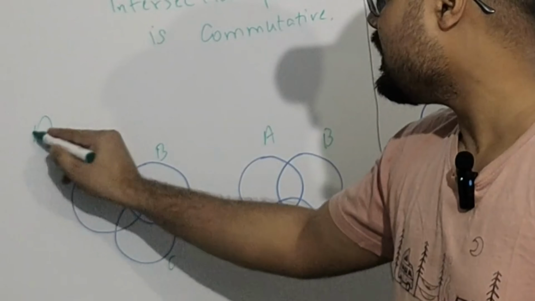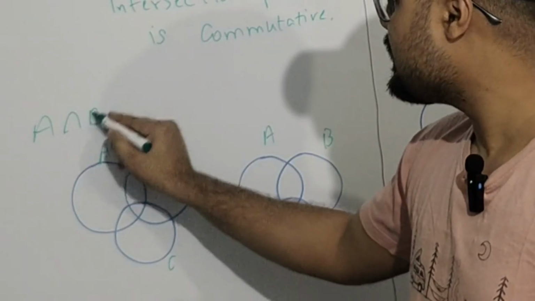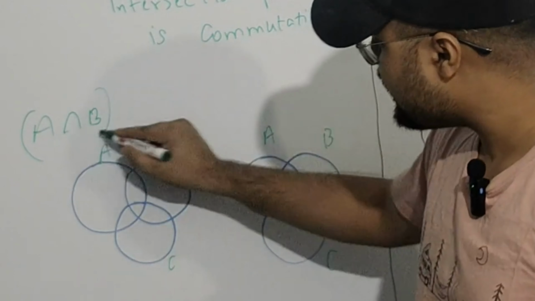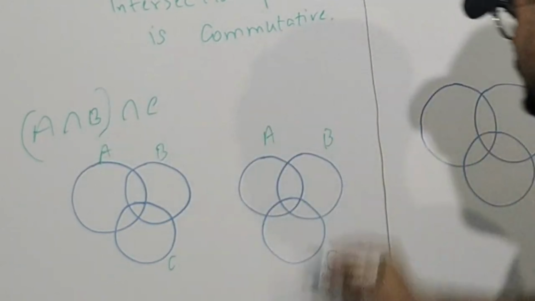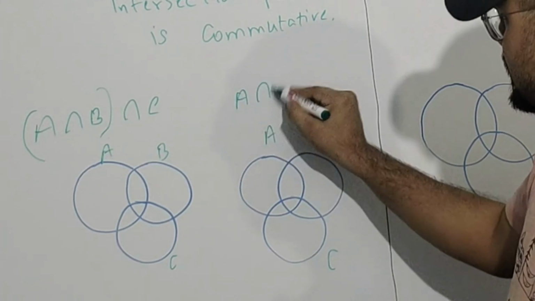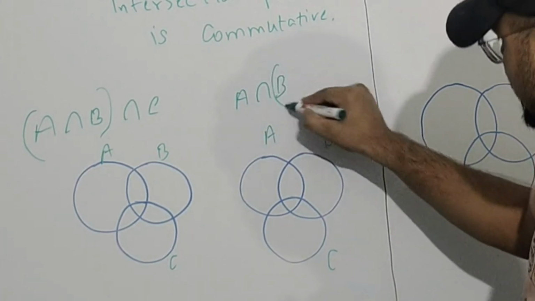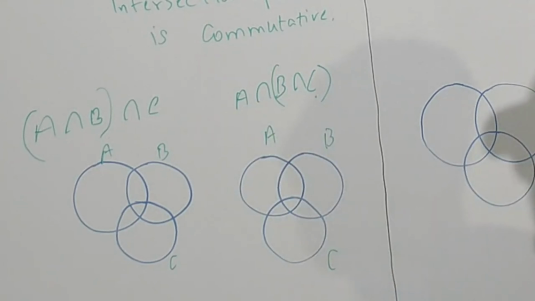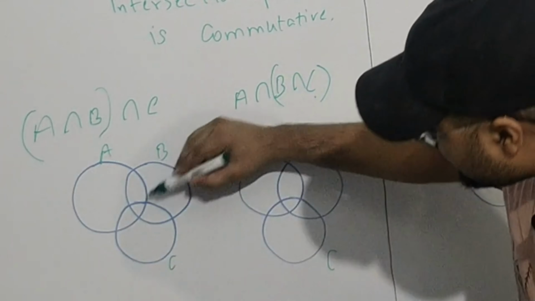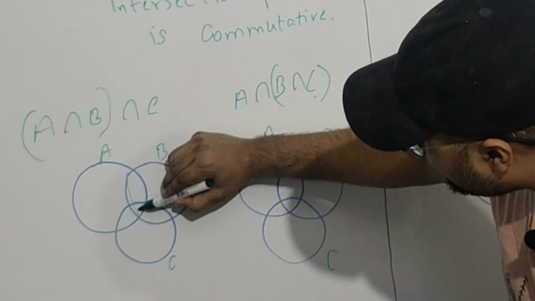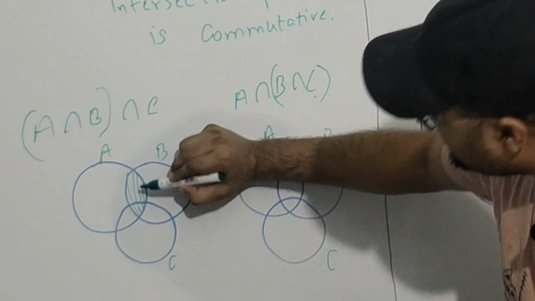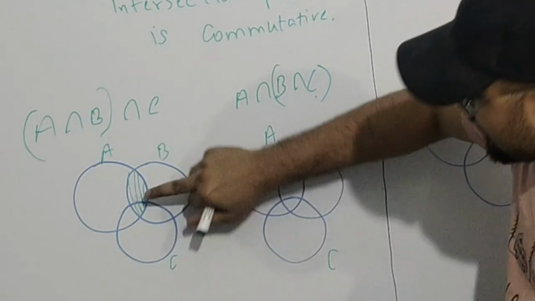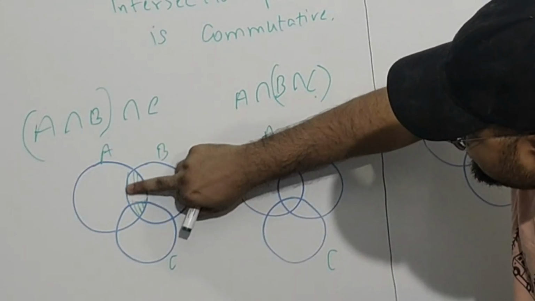On this side, I am doing A intersection B first, and with the result of it, perform intersection with C. On this side, first perform B intersection C, and then perform A intersection with whatever the result is. So A intersection B is all of this area, and then intersection C is only this part.